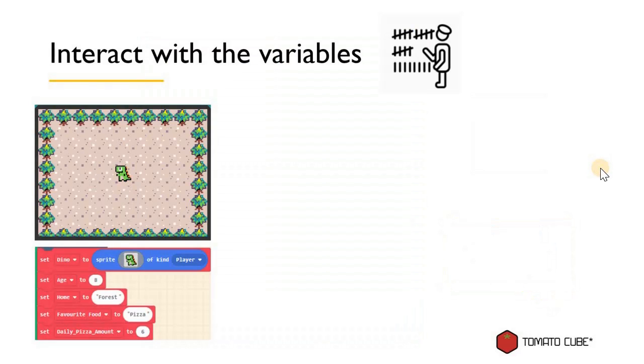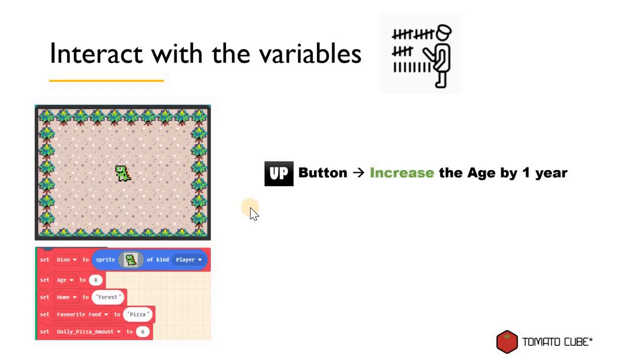So we have learned how to create variables so far, and we have created a couple variables for Dino. I'm gonna utilize the age variables to showcase how can we do mathematical operation in MakeCode Arcade. So for this example here, let's add a feature. When we click a up button, we want to increase the age of the Dino by 1 year.